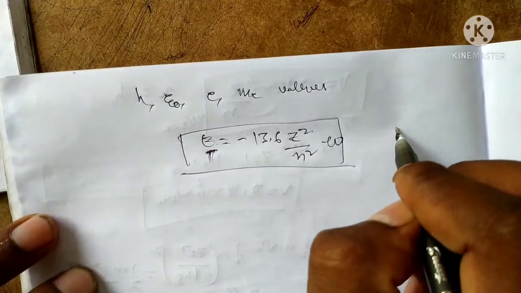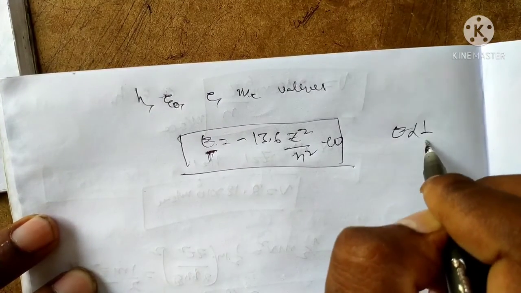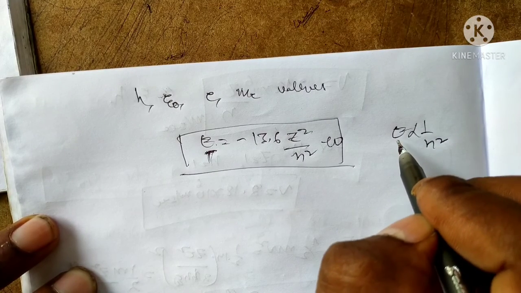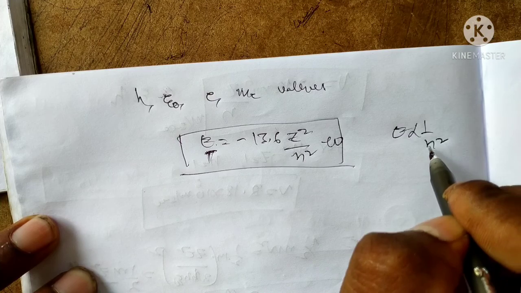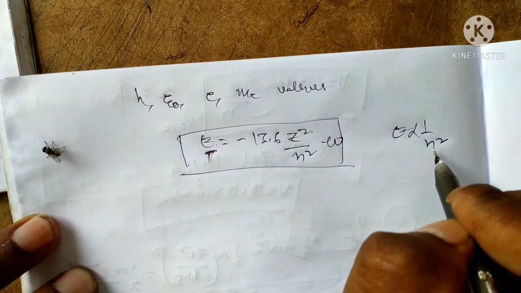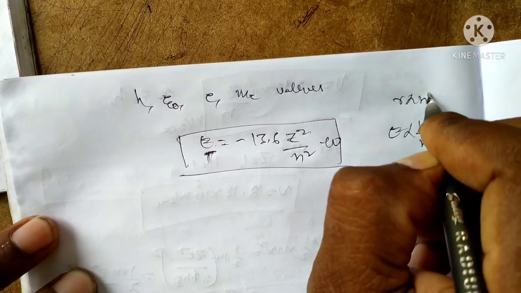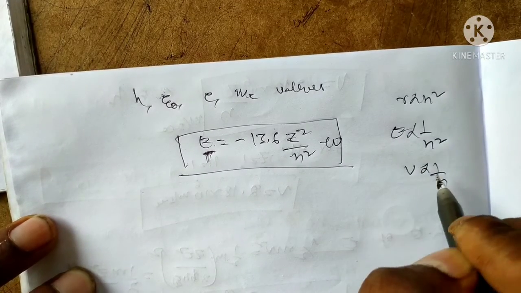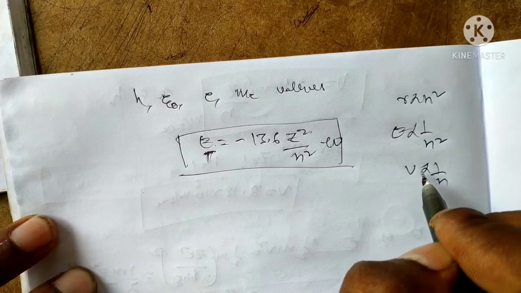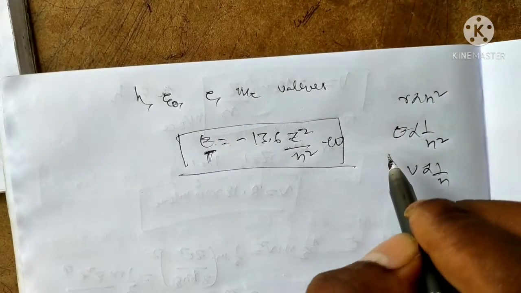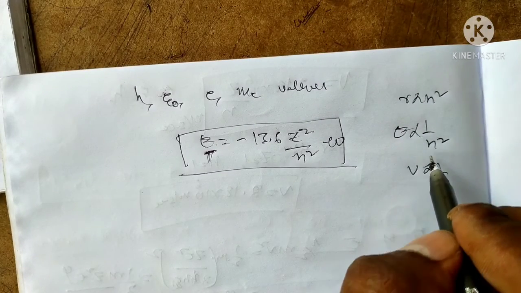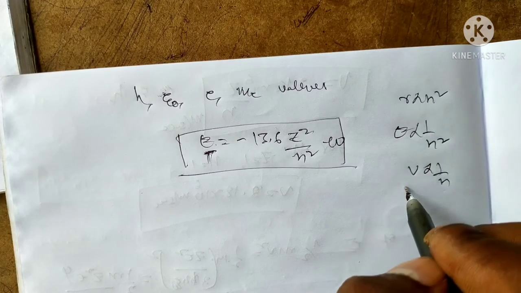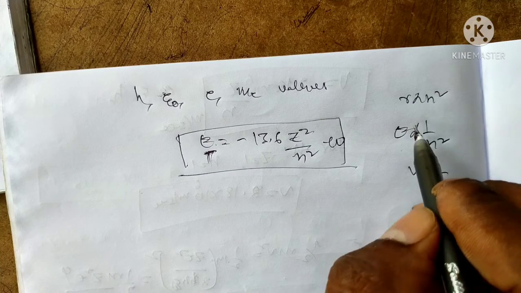From this equation, the energy is inversely proportional to n square. The radius r is proportional to n square, and the velocity is proportional to 1 by n, that is, inversely proportional to the principal quantum number. This is the relation between the energy, radius, velocity and the principal quantum number.